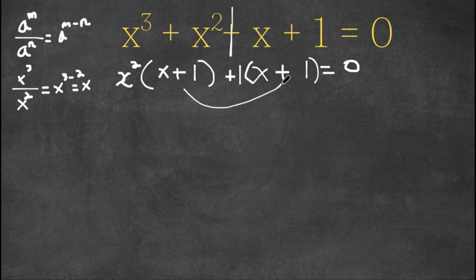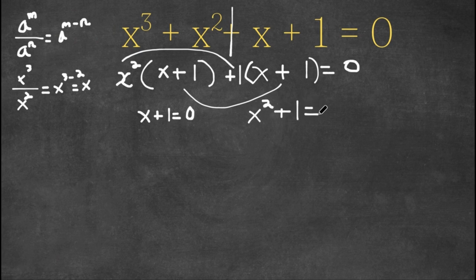So now these two are the same. So that's one equation, x plus 1 equals 0. And then we have this plus this, x squared plus 1. So that's another equation: x squared plus 1 equals 0.